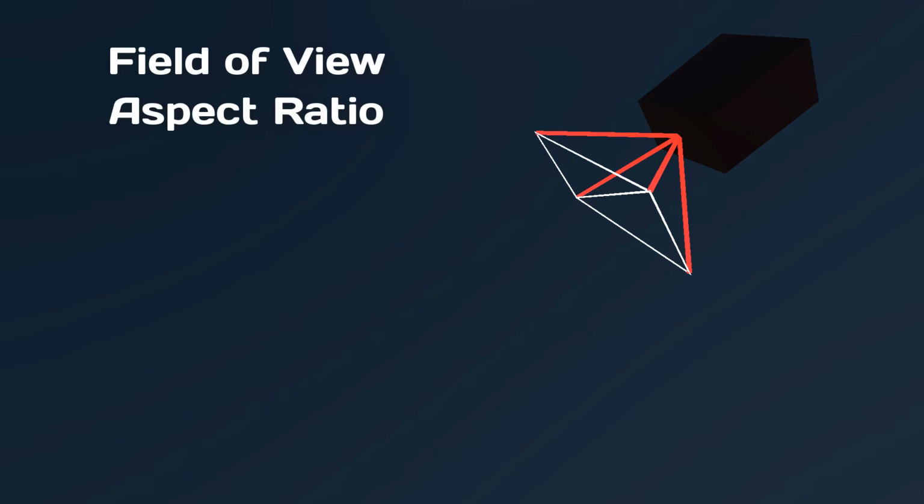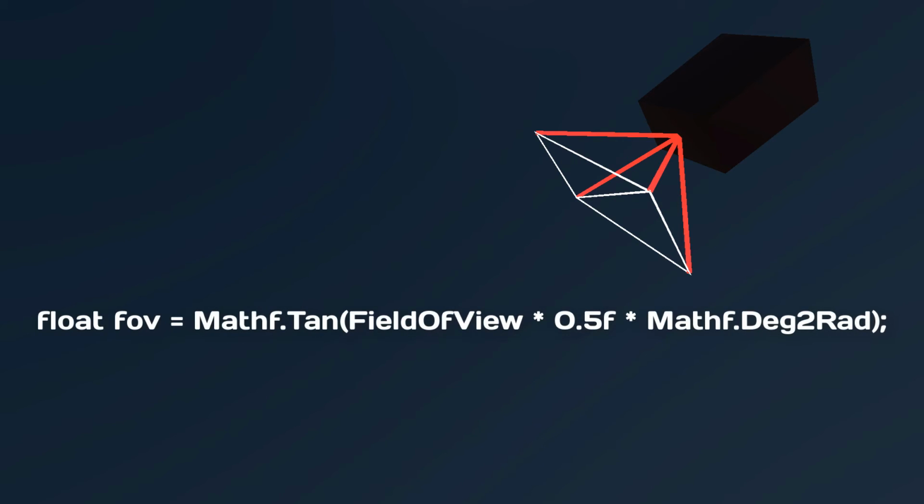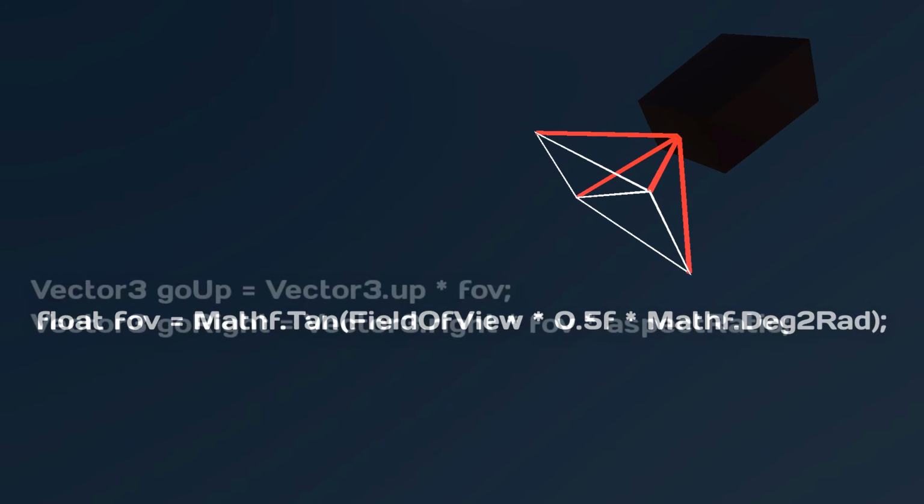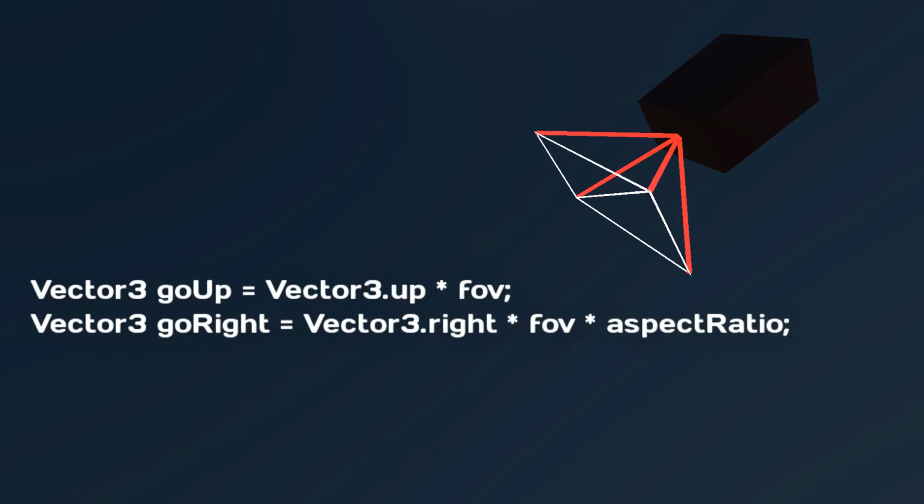To create the Frustum matrix, we need to get the camera field of view and its aspect ratio. With these variables, we can calculate each corner. The first thing we need to do is to get the tangent of the field of view in radians divided by 2. We'll then create a vector to go up and go right. Notice that the go right vector also takes the aspect ratio into account.